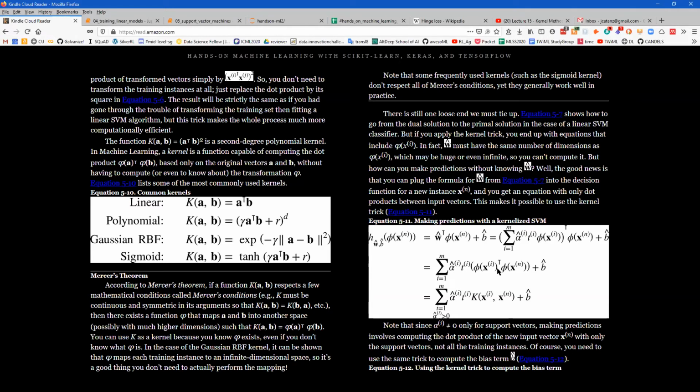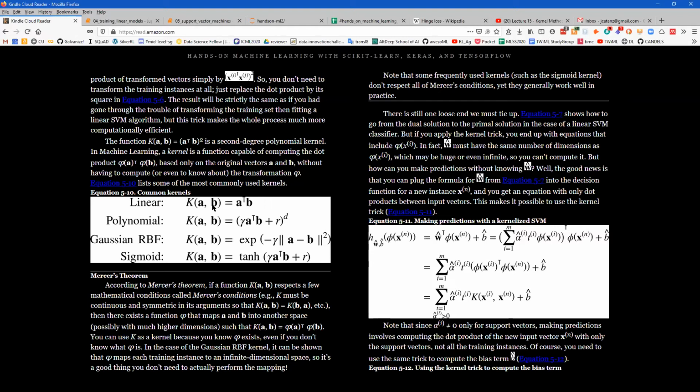Mercer's conditions are basically that the function has to be continuous, it has to be commutative, that is k of A, B has to be equal to k of B, A. When you reverse the A and B, it has to be equal. So it has to be symmetric in A and B.